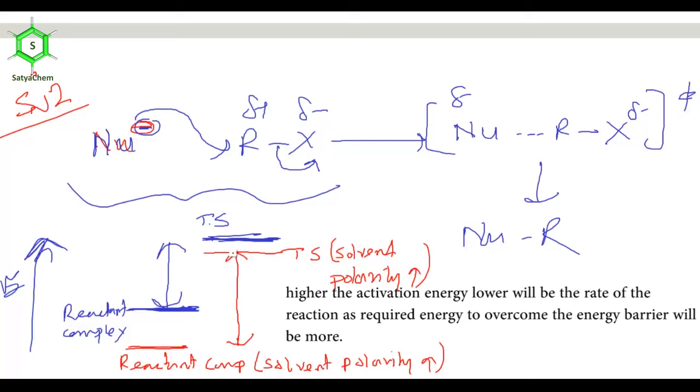So when solvent polarity is high, the activation energy increases compared to the activation energy when solvent polarity is less. So that is why, if you increase the solvent polarity, the rate of SN2 reaction decreases to some extent. I think now it is clear.